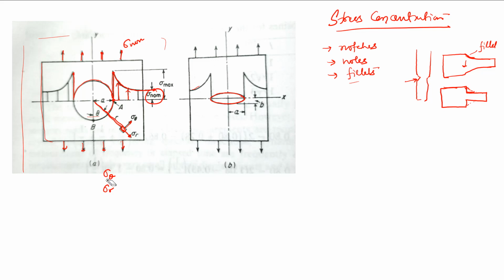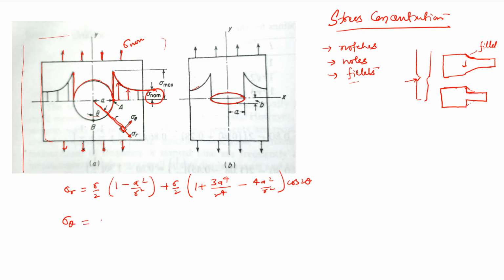So sigma theta, or let us write sigma r first. Sigma r is sigma by 2 (1 minus a square by r square) plus sigma by 2 (1 plus 3 a to the power 4 by r to the power 4 minus 4 a square by r square) cos 2 theta.